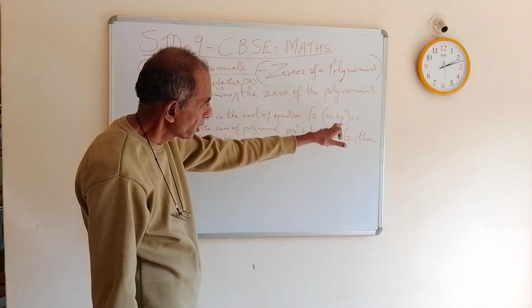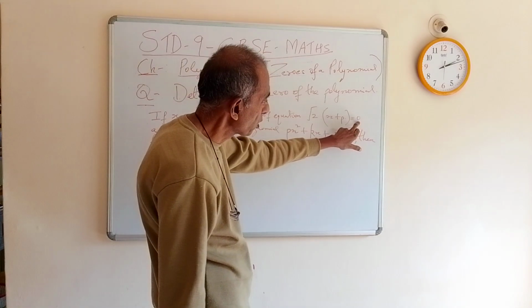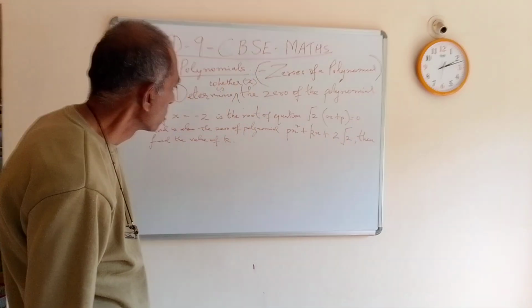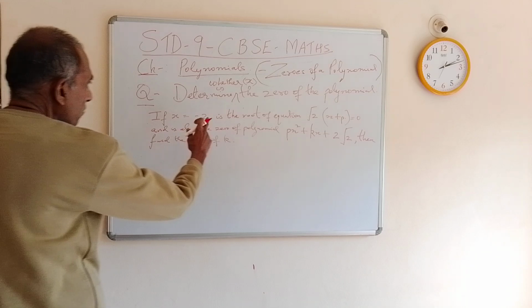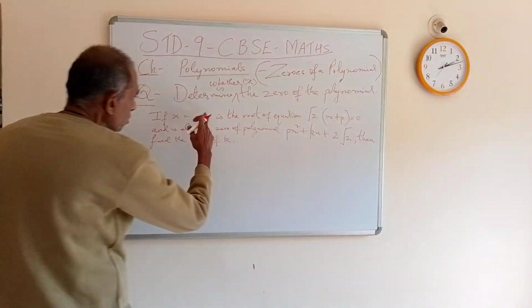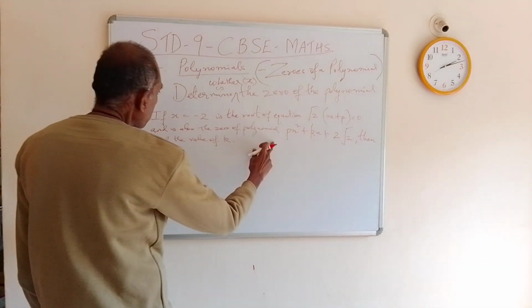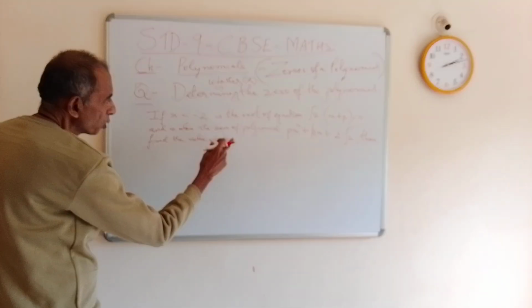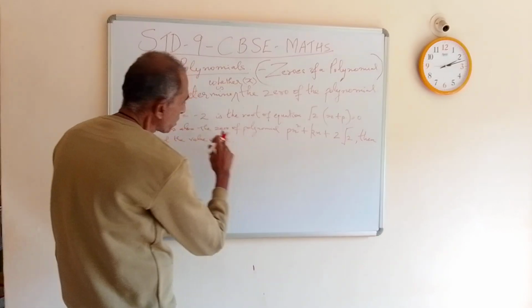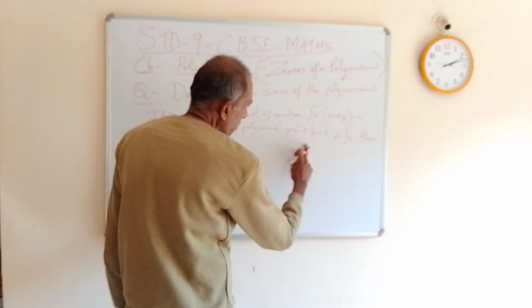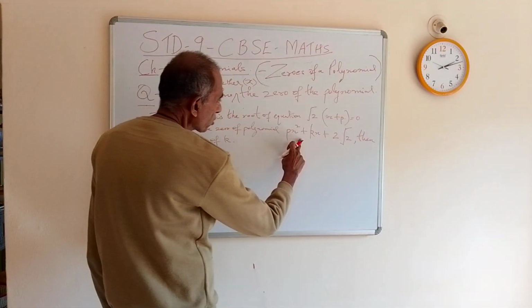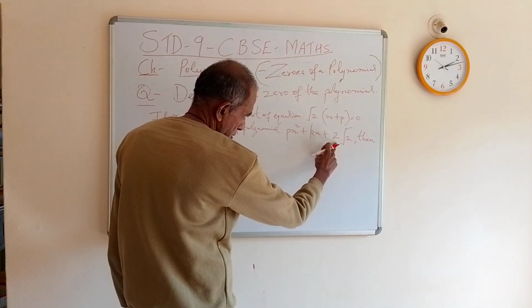Root 2 into (x plus p) is equal to 0. Here they have said that the value of x is minus 2 and it is also the zero of the polynomial. So this x equal to minus 2 they have given is also the zero of which polynomial? This polynomial, px square plus kx plus 2 root 2.